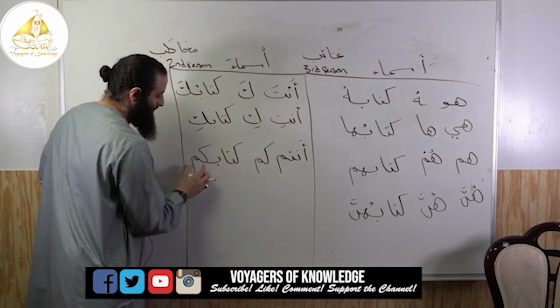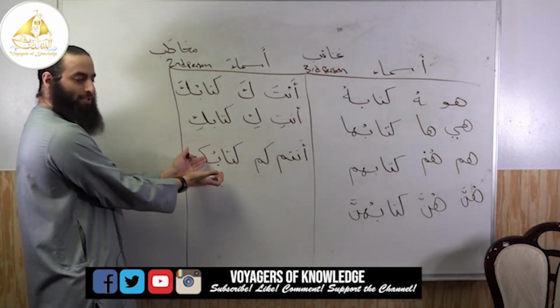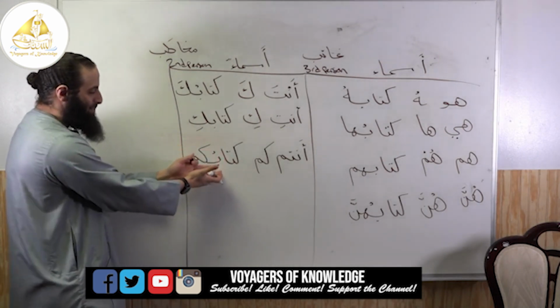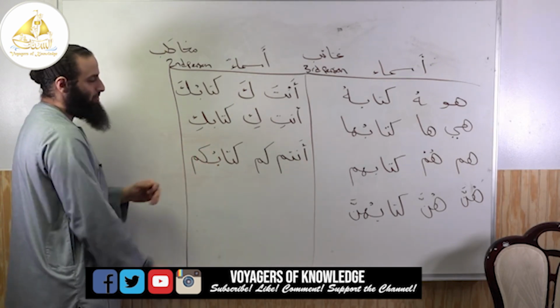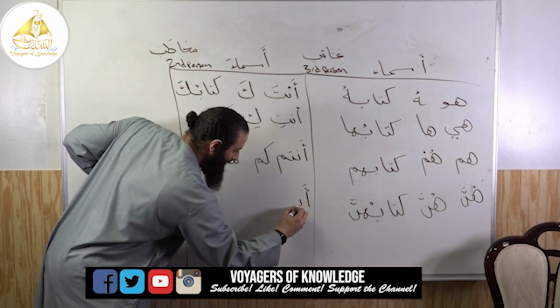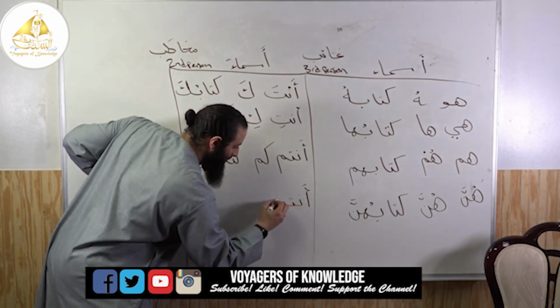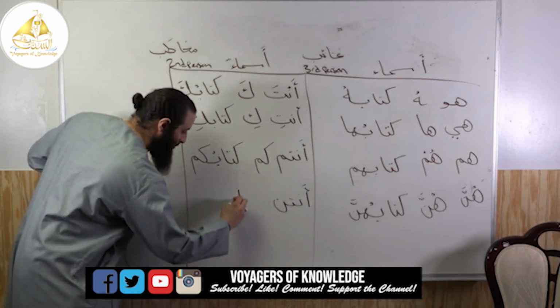We added kum here. Nothing changed, right? Did the word change suddenly, like to become kitabi? No, it still said kitabu, and then we just added kum. Last one for the mukhatab that we're going to take, antunna. All right? What do we add for antunna?